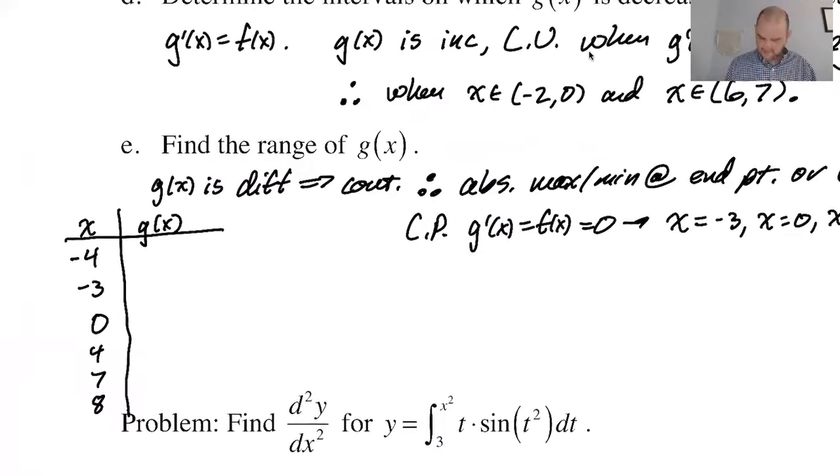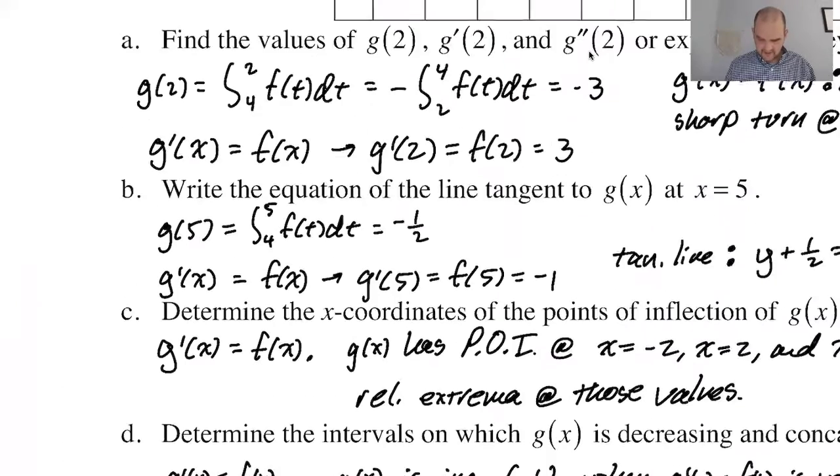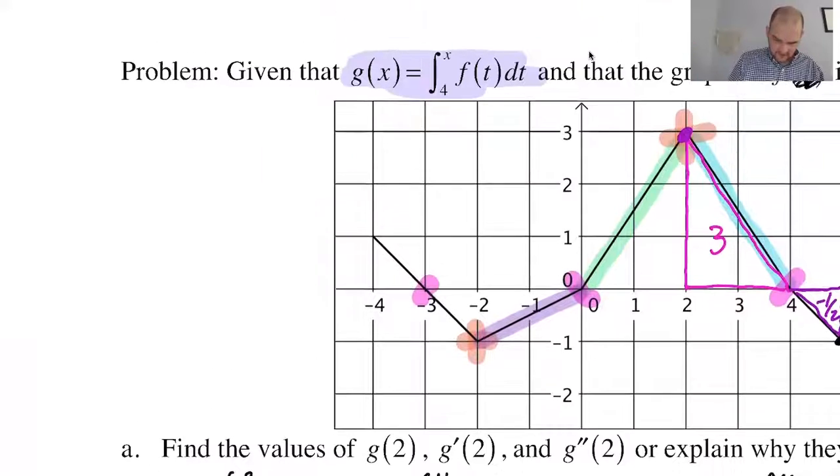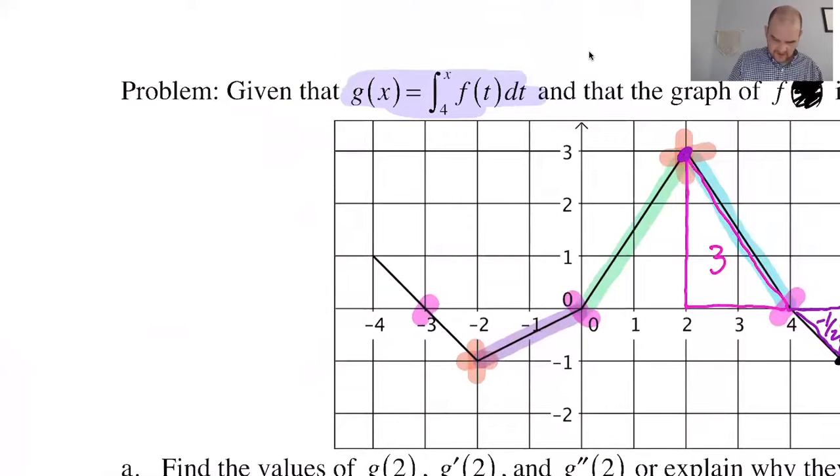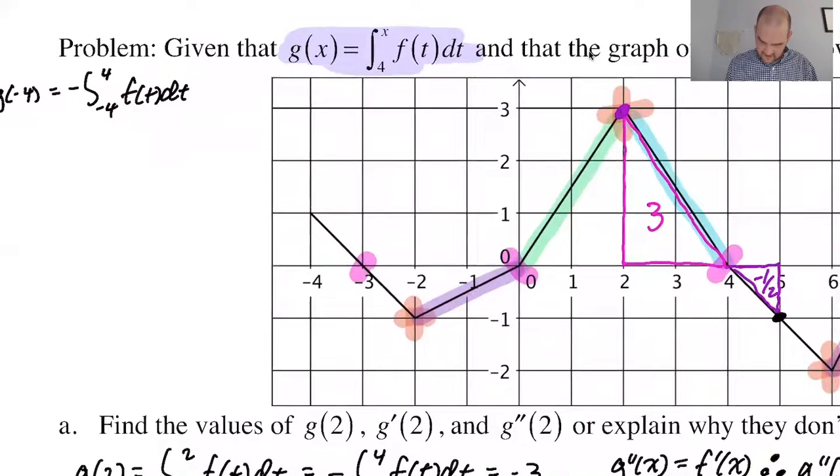So keep in mind that g of x is actually the integral from 4 to x. So g of negative 4 is going to be, I'm just going to write this directly, right? So I change the bounds and I flip the sign, swap the bounds, flip the sign, f of t dt. So can I find that? Let's see. So this and this will cancel. And then this is negative 1.